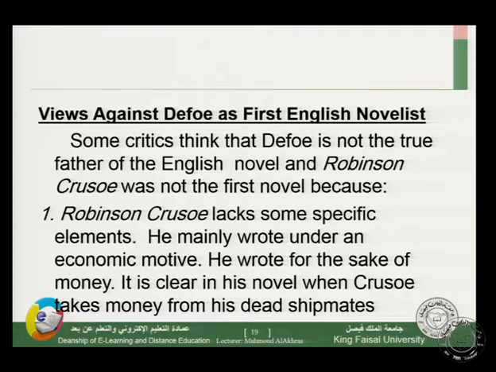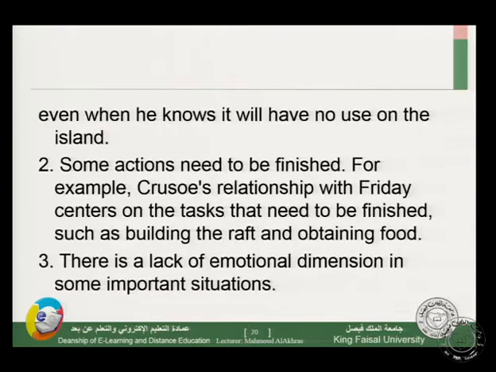It's clear in his novel when Crusoe takes money from his dead shipmates, even when he knows it will have no use on the island. We can see this idea in his novel, as these critics consider that it is writing for the purpose of money, not for the purpose of art.